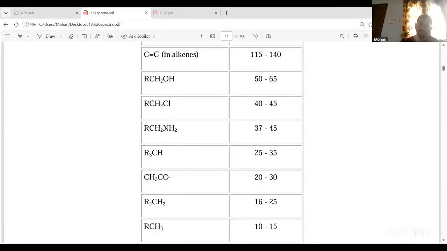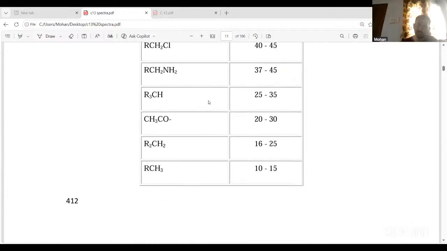And when an electronegative nitrogen-containing amine group is attached to the primary carbon, the value is 37 to 45. When chlorine is attached to the primary carbon, the value is 40 to 45, and when the amine is attached, 37 to 45. Here chlorine is more electronegative than nitrogen, so you will see a greater increase in the value.